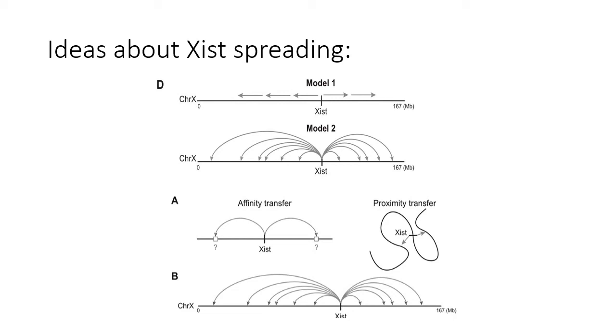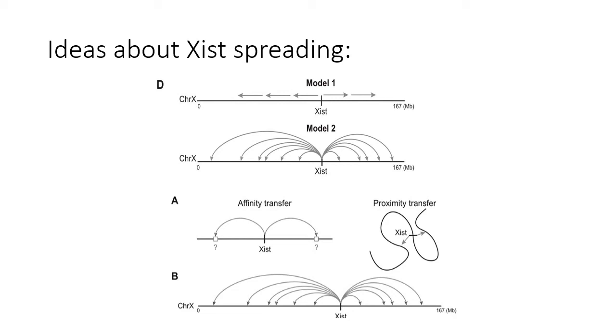Okay, so model 1 has it that it all starts at Xist, and therefore would spread uniformly along the length of the chromosome, starting at Xist, where distant sites would get occupied much later than closer ones. The other model, which seems to be close to correct, is that Xist starts, of course, at its own chromosomal DNA locus, and then basically hops to different regions along, some of which are quite far from Xist, in very short amounts of time.